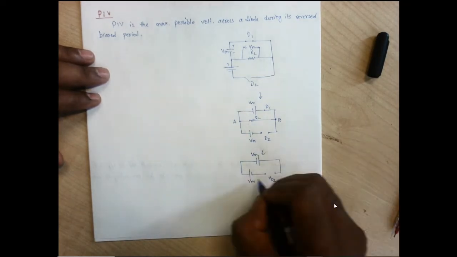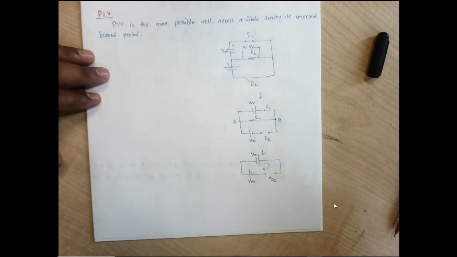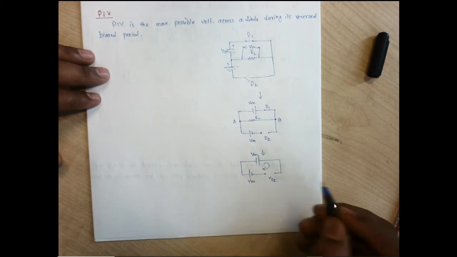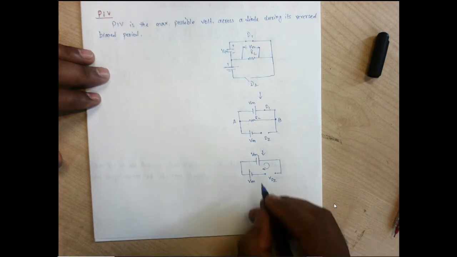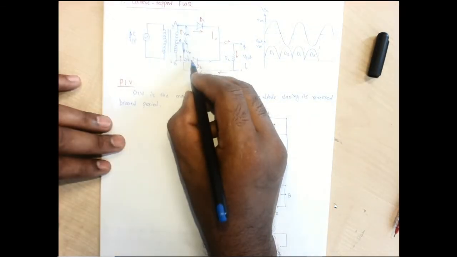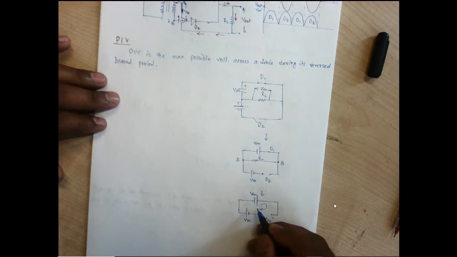If we go around this closed circuit, we need to apply KVL. So this is minus plus, and we can take it any way. If we take it in the same way, that will be the negative. For this D2, this part is positive, this part is negative, so we need to take it like this: positive, negative, negative, positive.